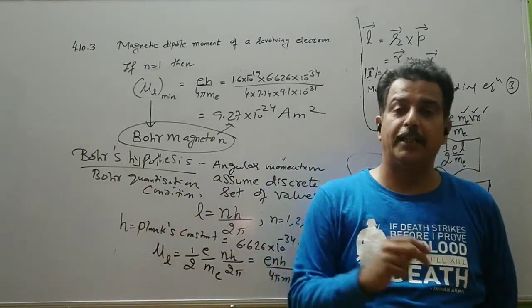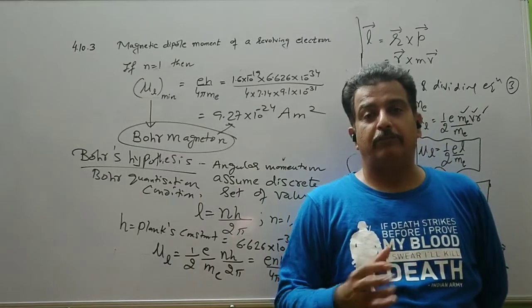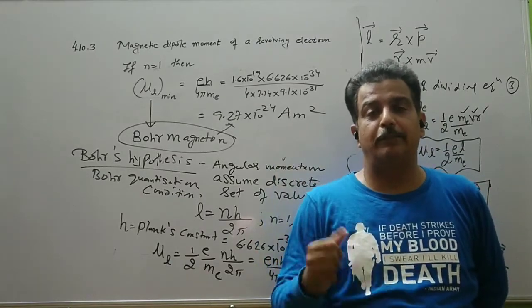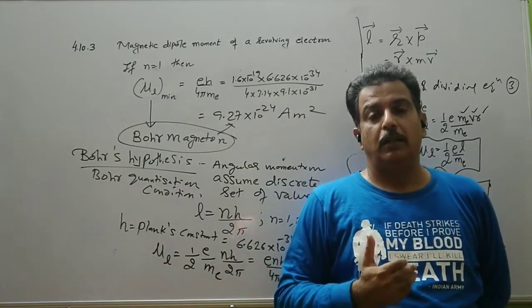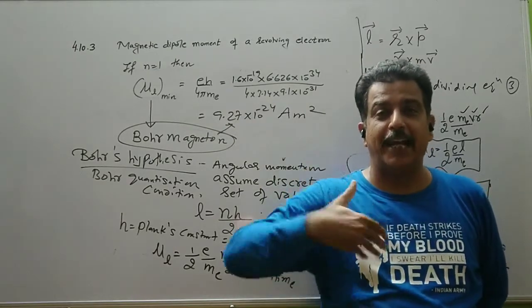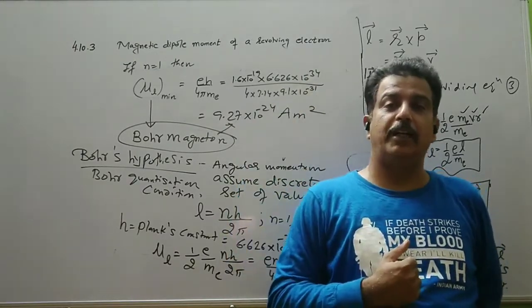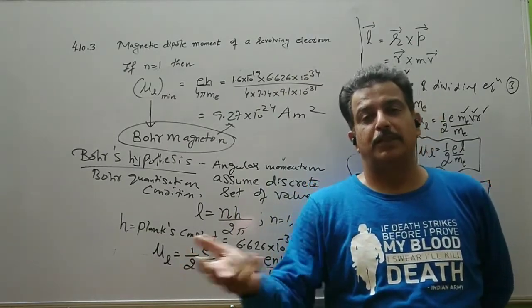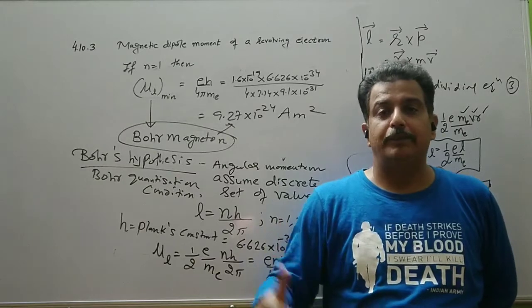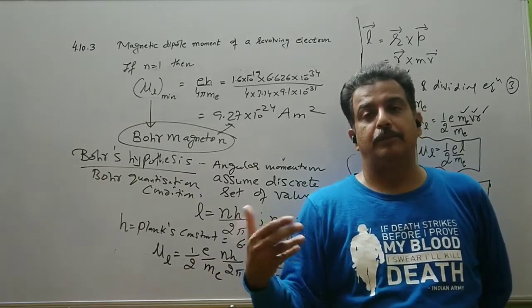Similarly, in the coming chapter, we will put a material in a magnetic field, and at atomic level, if these atoms get aligned in the direction of the magnetic field, they will become a good magnet.